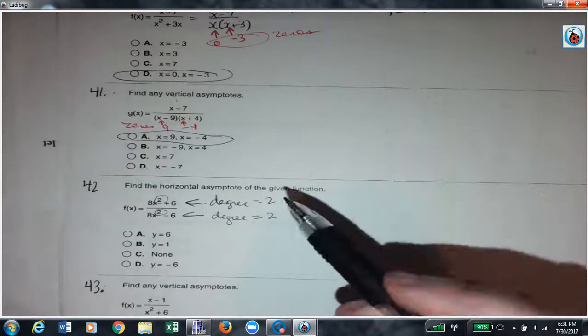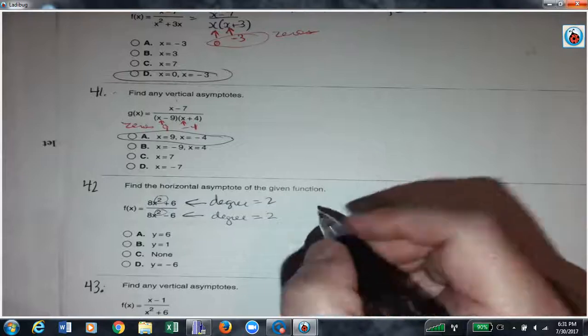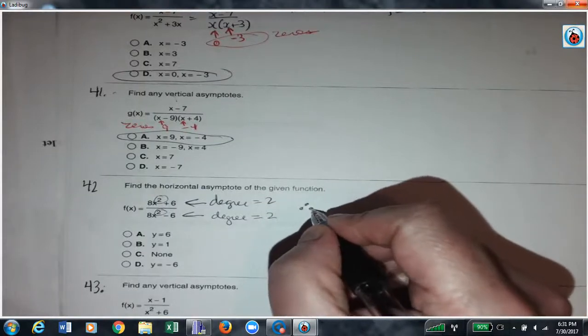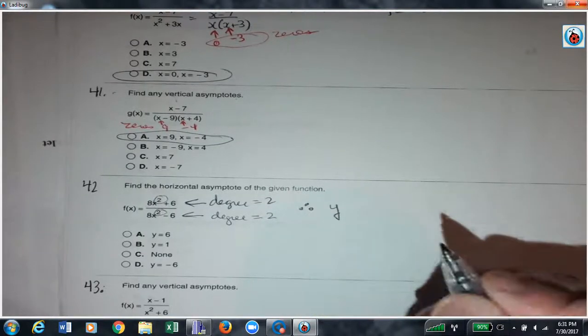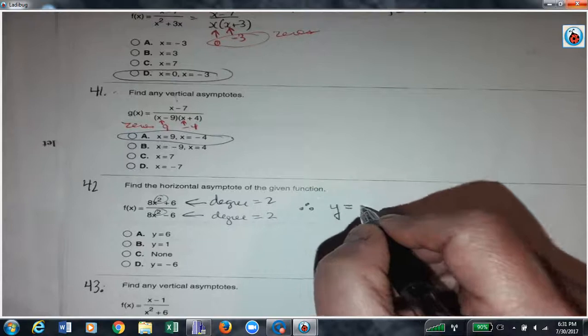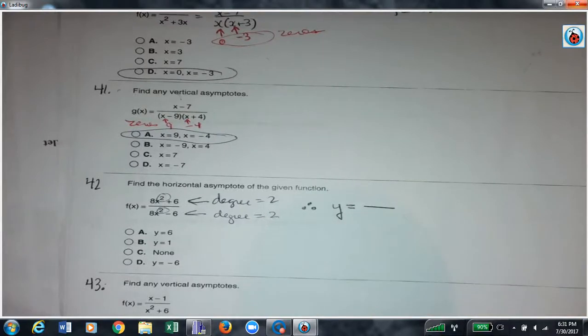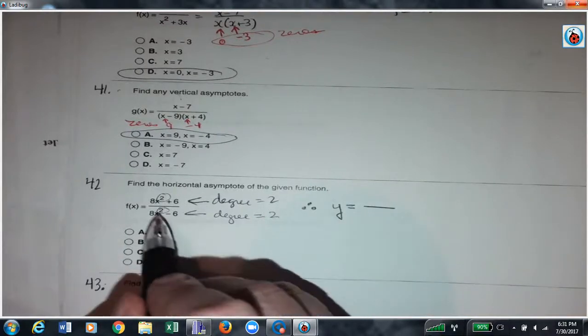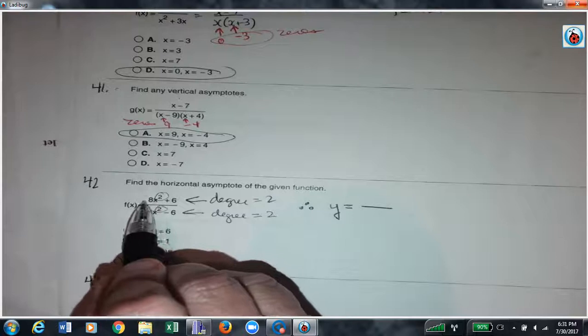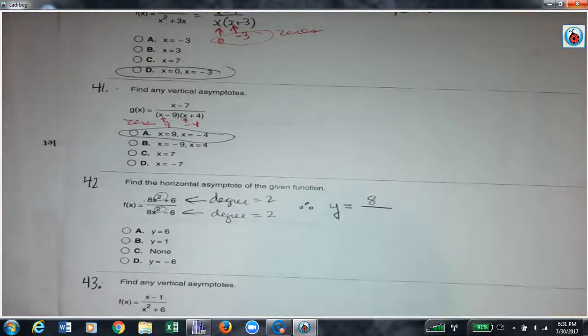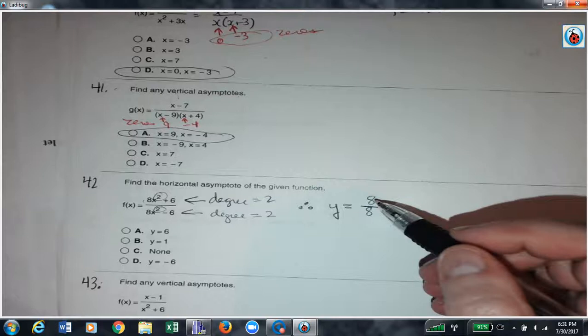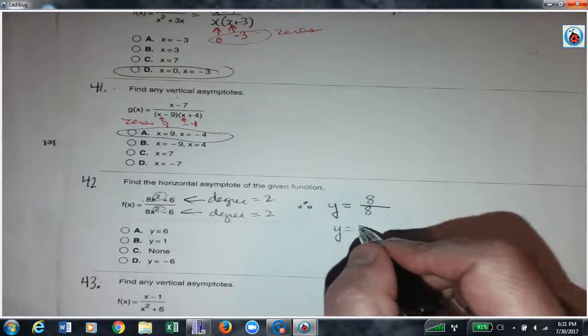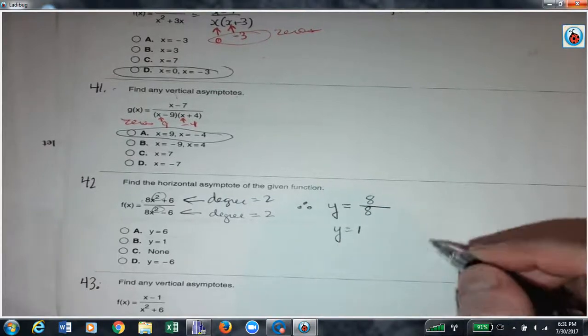When the degree of the numerator and the denominator is the same, we do have a horizontal asymptote. Its equation is y equals the leading coefficient of the top, which is 8, divided by the leading coefficient of the bottom, which is 8, and the fraction 8 over 8 is 1. So the horizontal line y equals 1.